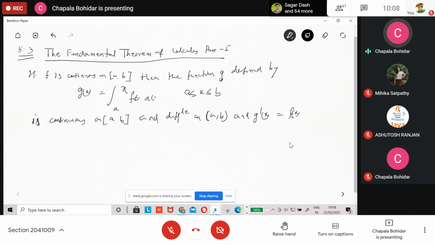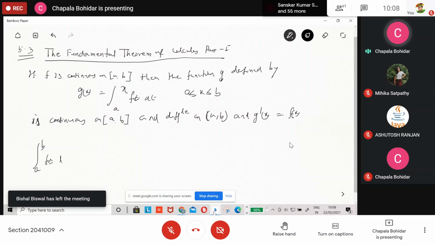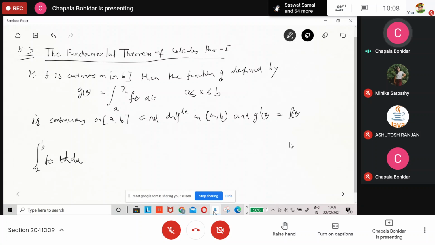You know the area of the curve, that is your integration. All of you know the area of the curve is the integral from a to b of f(x) dx, where y is equal to f(x) is the curve. Now here the area is from a to x.